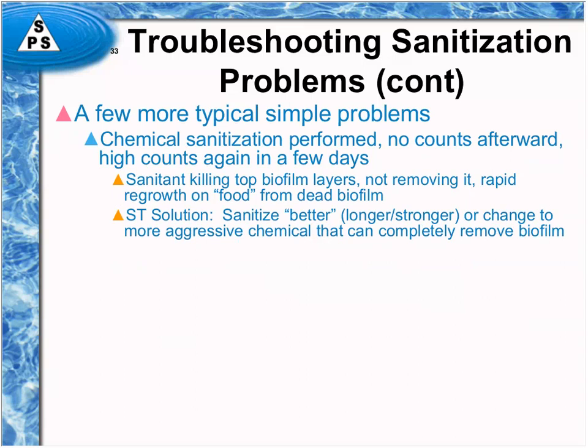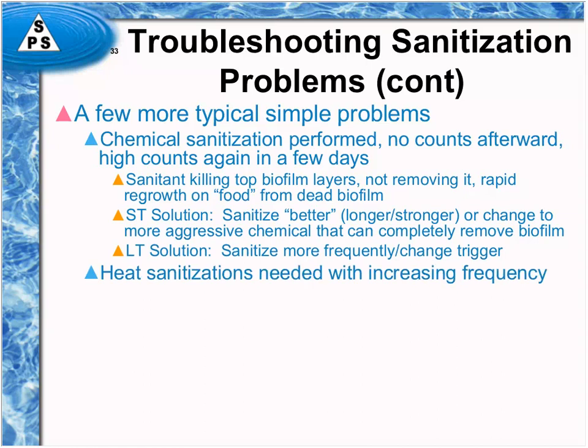Short-term solution is to sanitize better, which means longer or stronger, and possibly change to a more aggressive sanitant that can completely remove the biofilm. Long-term solution would be to sanitize more frequently and/or change your trigger for when you sanitize.